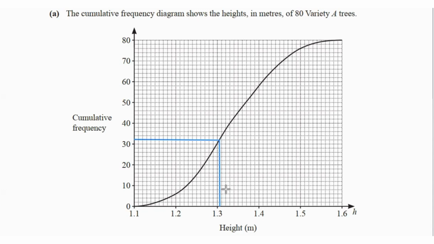So these trees have a height greater than y meters. So that means they have a height greater than 1.31. So y is going to be 1.31. Their height is greater than 1.31.